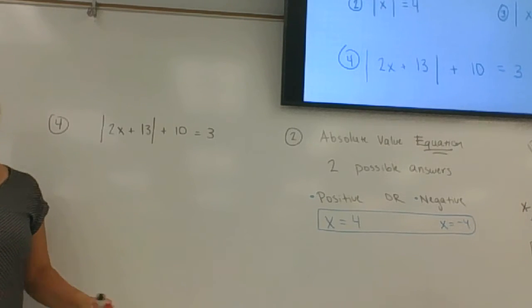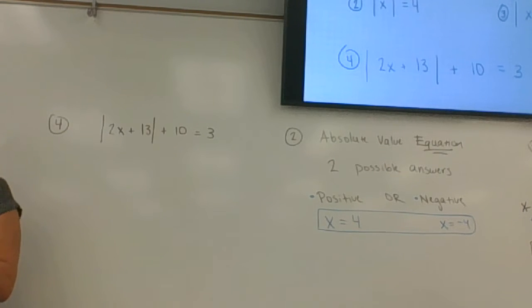No, you're right. This is no solution. But why? You don't know why. There's actually no way. Whatever one answer you got, plug it back in and see if it's true.